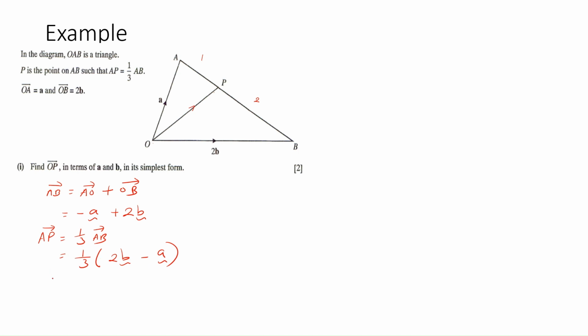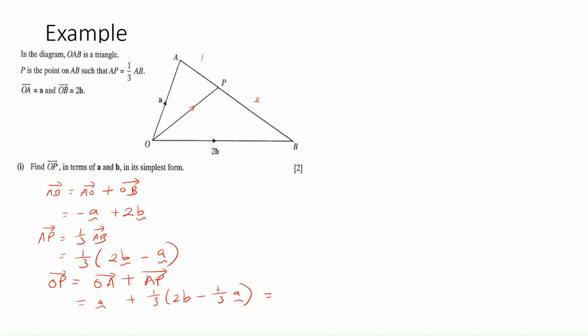Now, if I want OP, it is OA plus AP. So it's A plus 1/3 bracket 2B minus A, equal, I think quite no space below already, equal. Just simplify. I think this is not so hard for you.